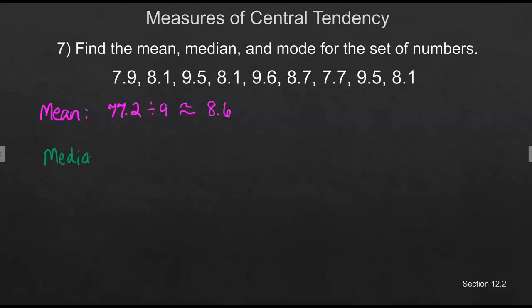I'm going to write these numbers in order. Usually when you do this, if you just mark them out as you go, it helps. 7.7, and then I have 7.9. And notice that you can put commas in between them or whatever, it doesn't really matter. I've got 8.1, 1, 2, 3 times.